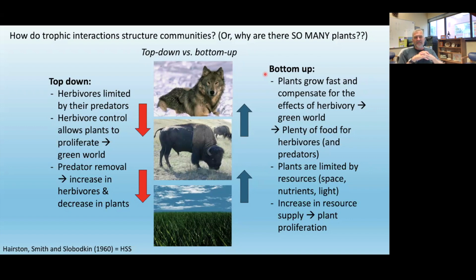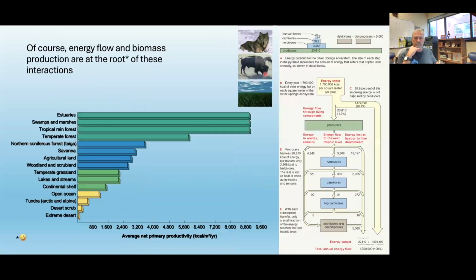And so this creates plenty of food for herbivores and for the top level predators, but the plants themselves are limited by the amount of energy they're going to get from the sun, which drives photosynthesis, but also from nutrients that are in the soils that they're pulling those nutrients from. So that becomes a limiting factor, a bottom up limiting factor for those plants. So you have both of these things occurring in most trophic relationships.